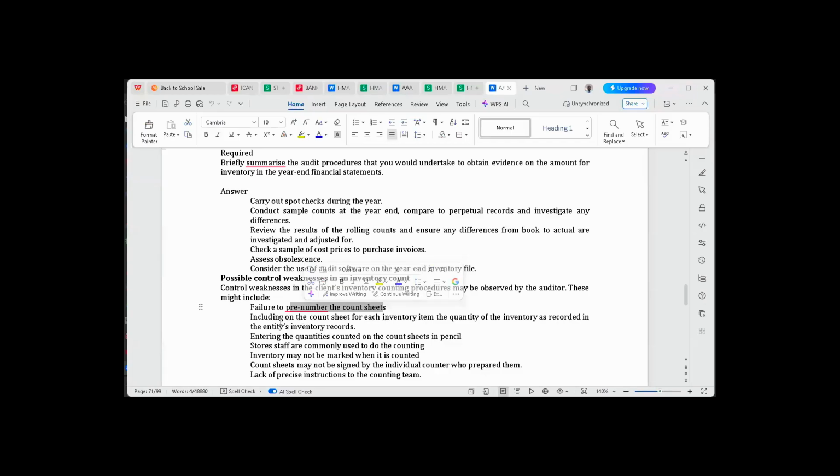You also need to ensure that when you are doing your stock count, you use the count sheet for each inventory. Let me give an instance. You went to a factory where they produce Hollandia Evap, the evaporated milk of Hollandia, the smallest pack, the triangle-shaped package that sells for 200 or 250.